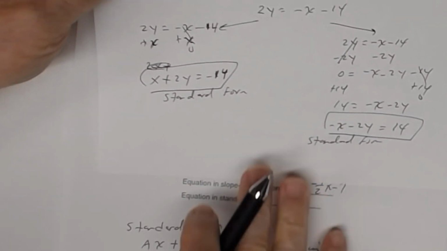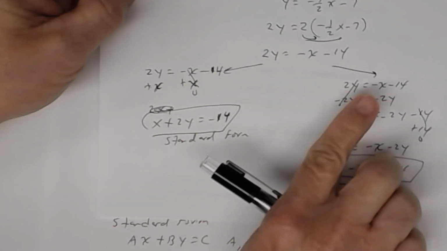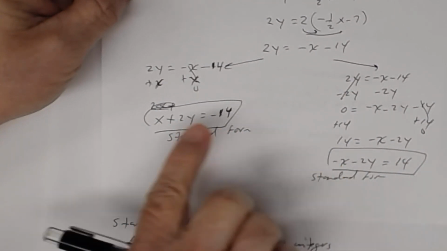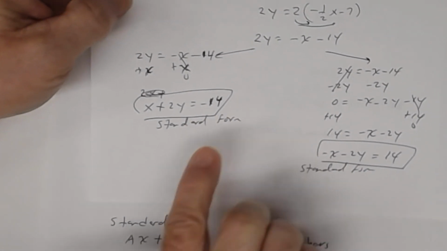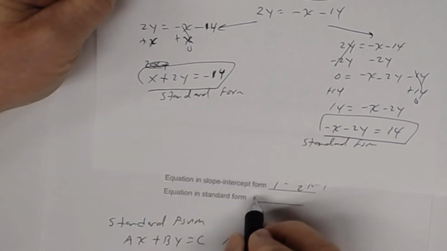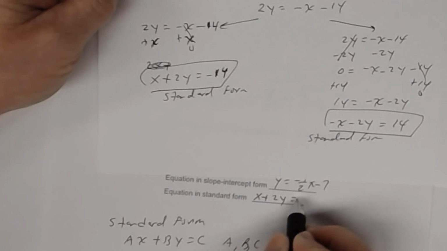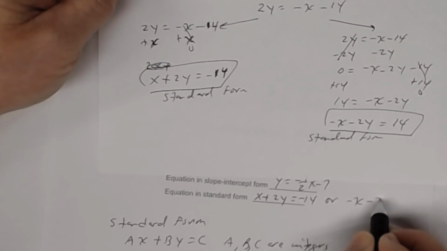And then depending on whether you brought the variables to the left or the variables to the right, you would have had two equations that look different, but they are equivalent. And so you would have x plus 2y equals negative 14, or someone else could have negative x minus 2y equal 14, right?